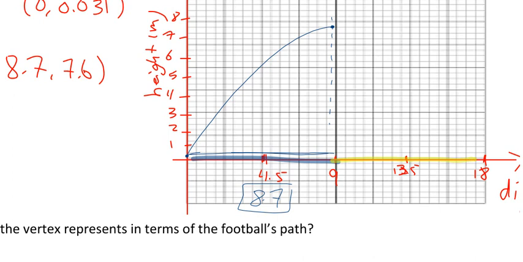So that means my x is going to be 17.4 and 0.031. Let me repeat that for a second: 17.4 and 0.031.